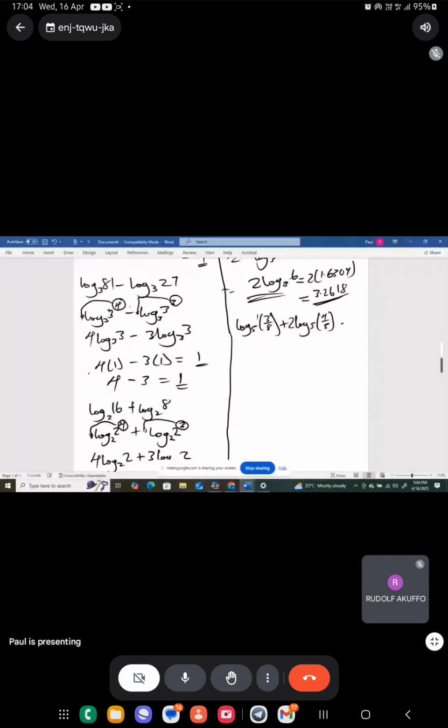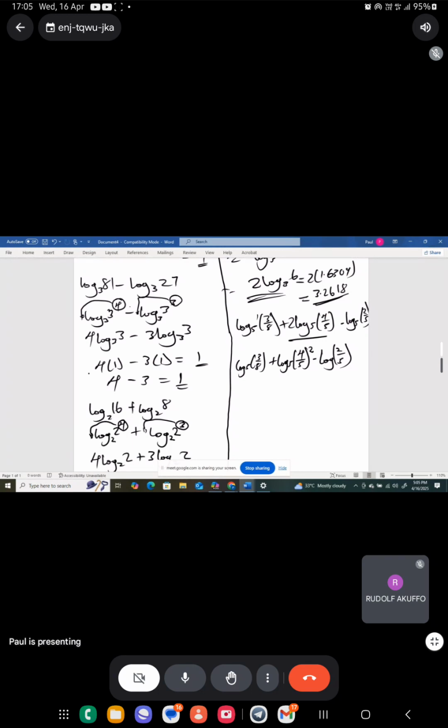Now, with this, you know that the middle one can be rewritten as log base 5 of (4 over 5) squared, minus log of 2 over 5. Please, you understand? Yes, please.